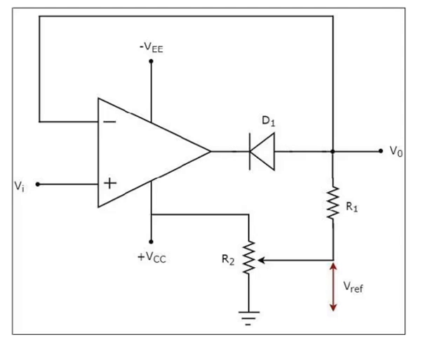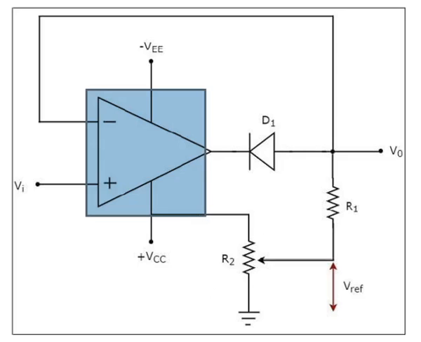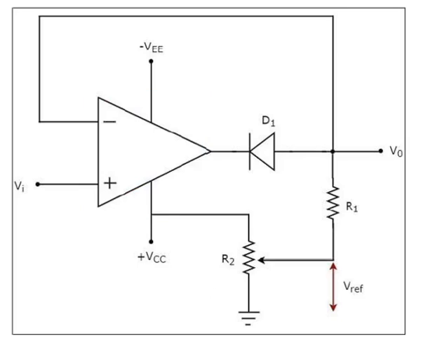Okay, so this is the circuit diagram of a positive clipping circuit. Here we have used an op-amp, and at the non-inverting terminal we have placed the input voltage.